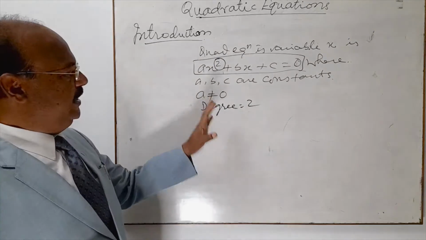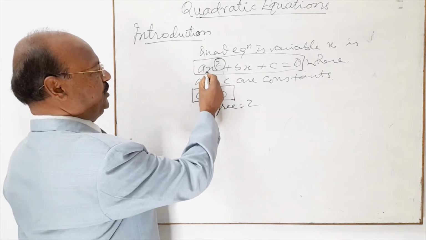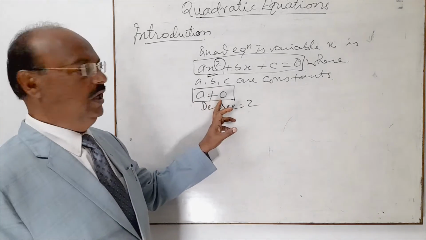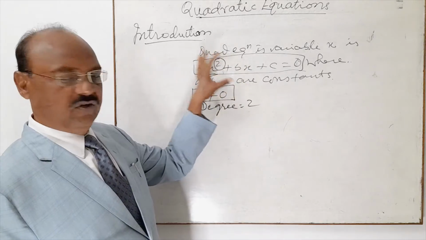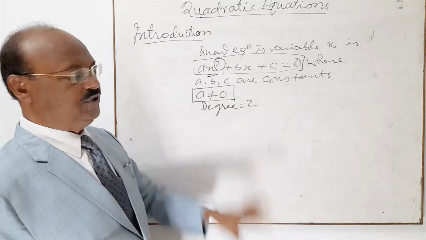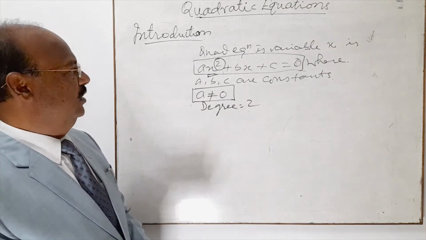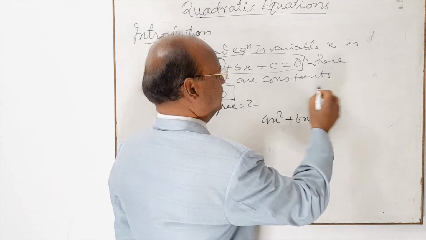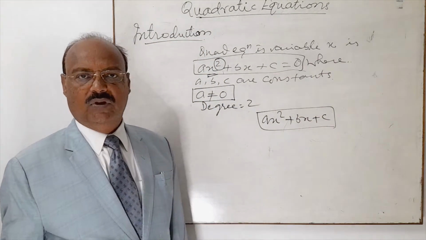It is very important to understand that here a, the coefficient of x square, must not be equal to 0, otherwise this quadratic equation will not remain a quadratic equation. So this is the basic concept about introduction of the quadratic equation. You might have studied that ax square plus bx plus c is known as a quadratic polynomial.